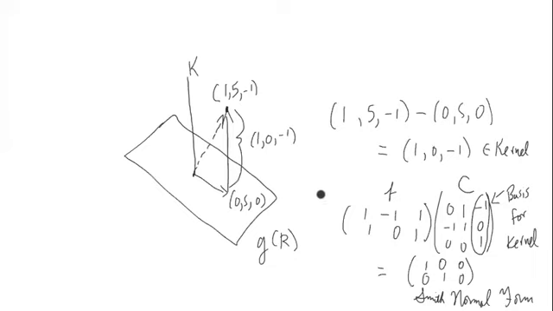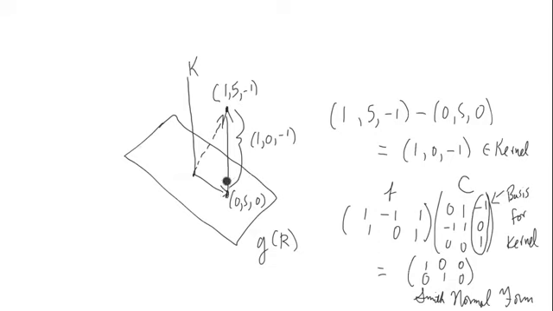Here's a little picture of what's happening. We have a point that's off the plane and the kernel line, and we have a line that's parallel to the kernel, given by the subtraction of this point and the point on the plane that we just found.